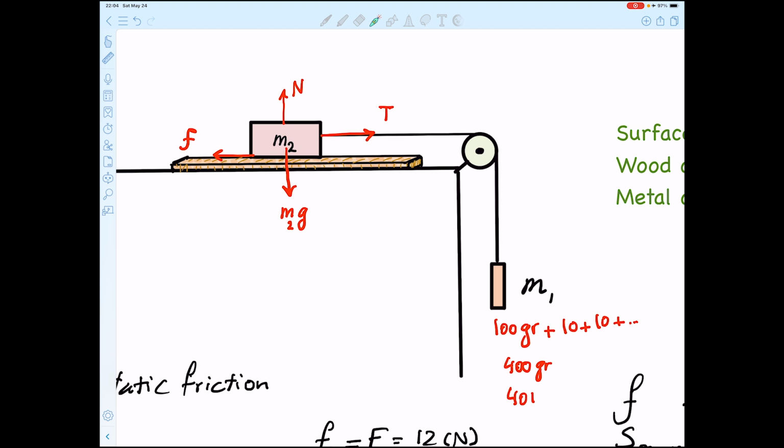So if that's the case, then you would say that this force of gravity here, let me erase this, a force of gravity here, which is M1g, that's the tension T, this force of gravity here is equal to maximum static friction, all right?